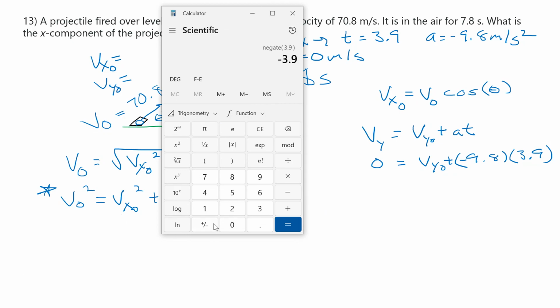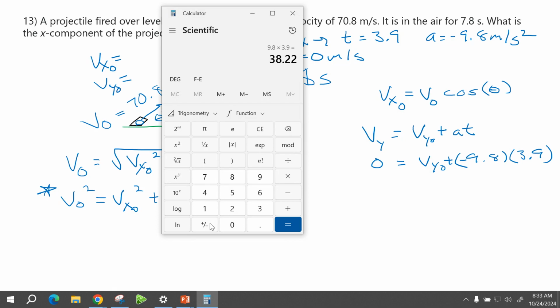If I say negative 9.8 times 3.9, it's a negative 38.2.